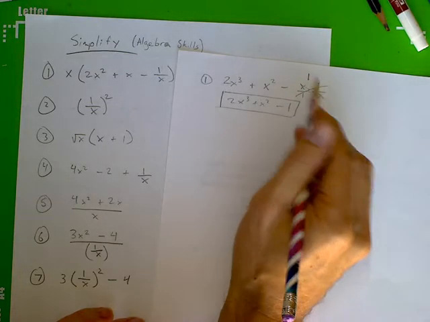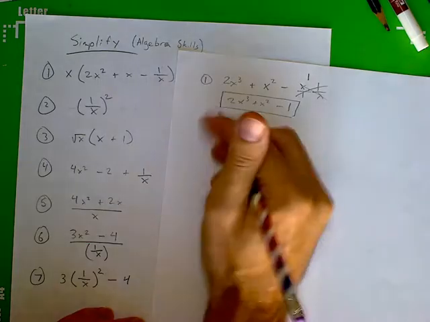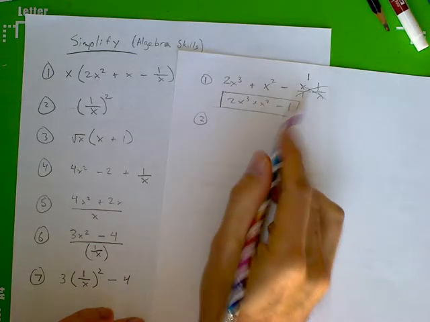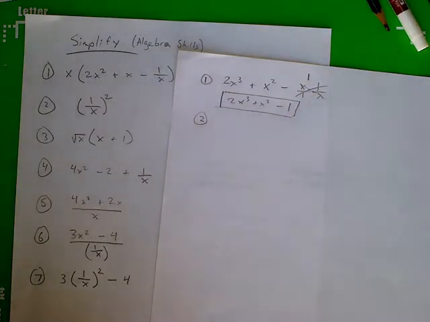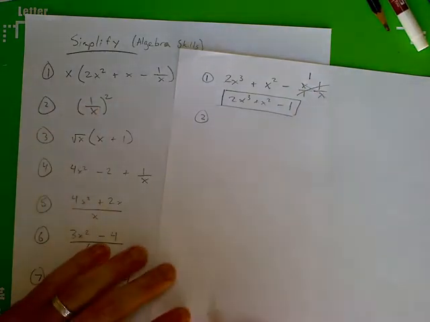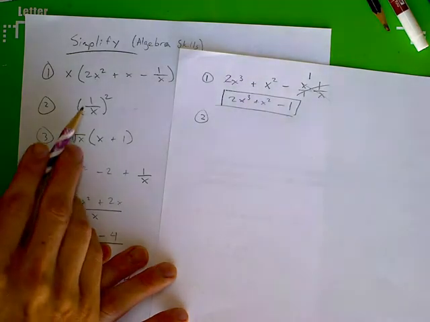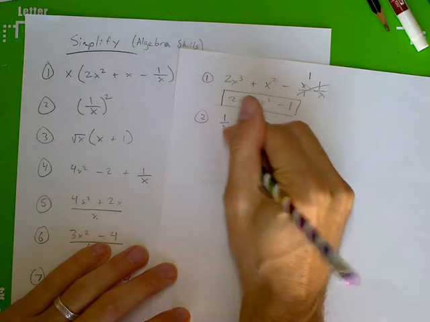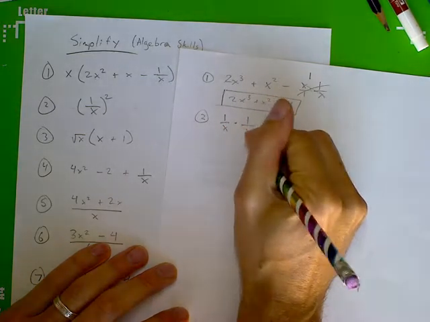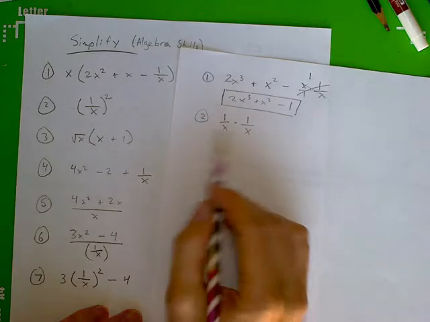So the little details that we want to be able to solve, we want these not to be stumbling blocks, just little details that we're in the habit of solving. So here we've got 1 over x squared, and remind me, what does it mean to square something? Multiply it by itself. So this means 1 over x times 1 over x. And how do I multiply two fractions together?